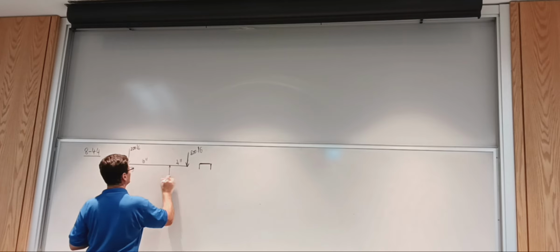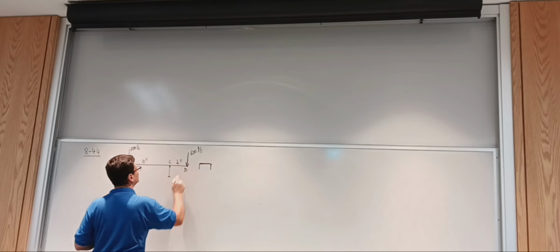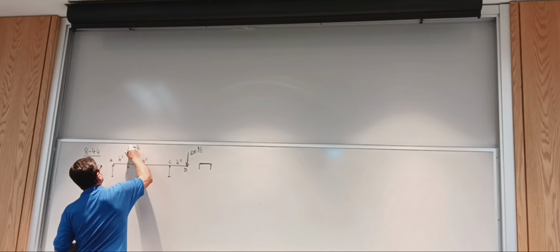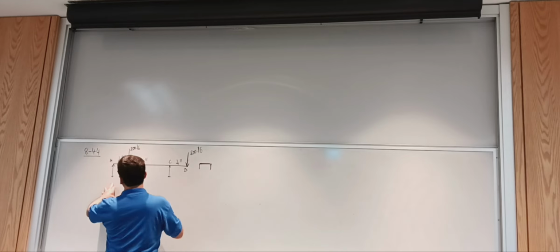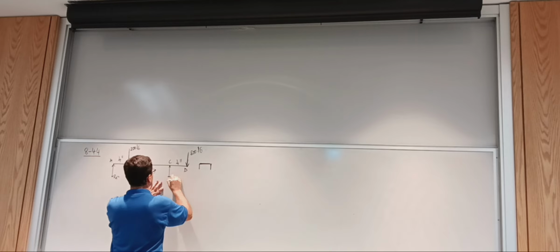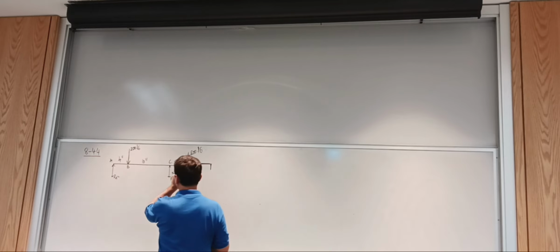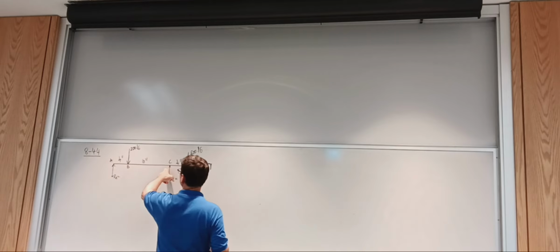Let's label some points: A, B, F, C, and D. To get RA and RC, we need to sum moments, for RC about A, and for RA about C.